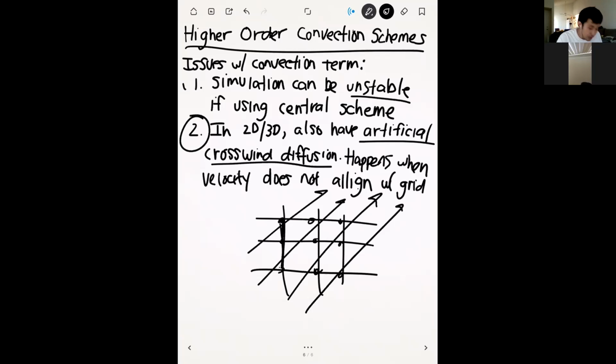Instead of using our normal central differencing scheme for the convection term, we're going to use a scheme that's higher order, in other words, one that has more accuracy. So in order to fix this, we need higher accuracy on the convection term.